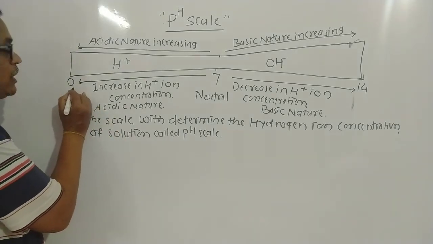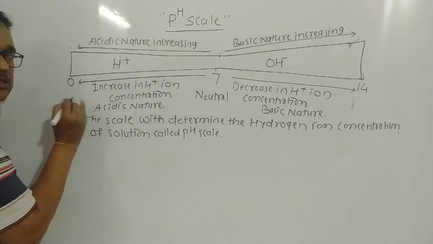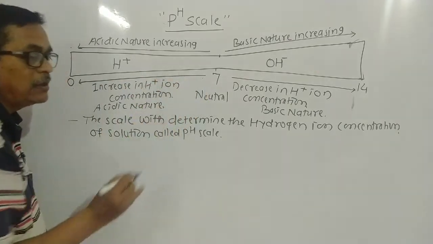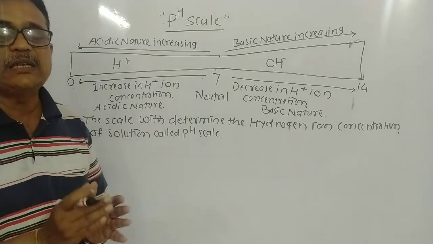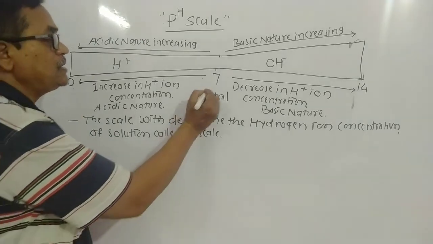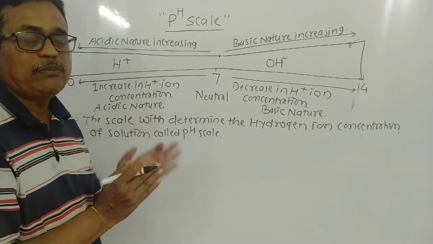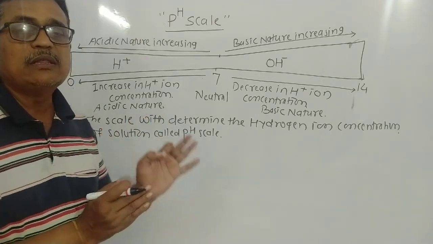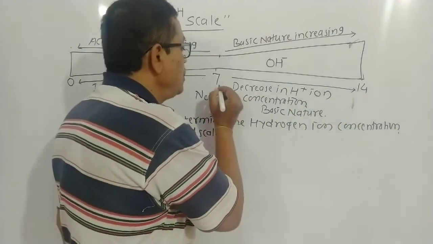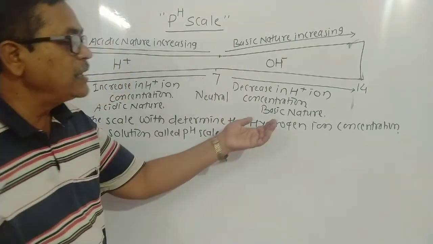And if the pH value is from 7.1 to 14, then it is said to be a basic solution, or basic in nature. The pH scale reads from 0 to 14; readings start from 0 and end at 14.